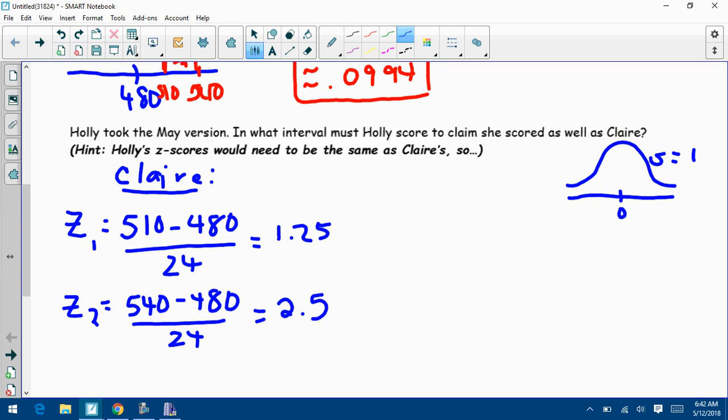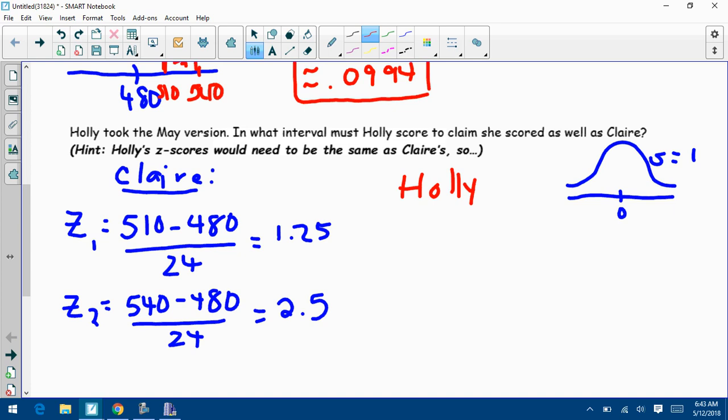So if I use the z-score to see how many standard deviations Claire was away, she was between 1.25 standard deviations above and 2.5 standard deviations above. We need Holly to be the same amount away, even though she took a different test. So just because someone might have scored in a different range doesn't necessarily mean that they did better or worse. It all comes down to how it relates to the z-scores.